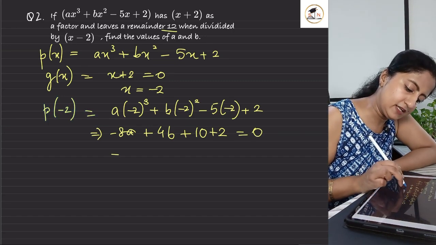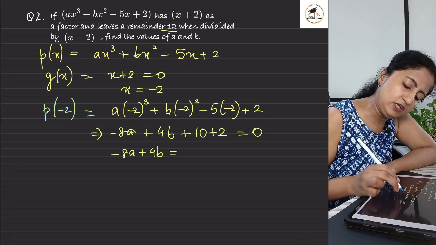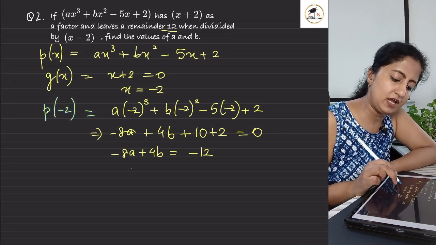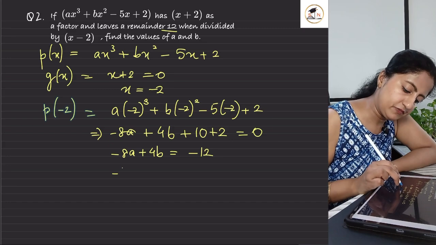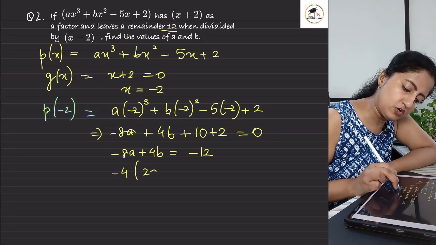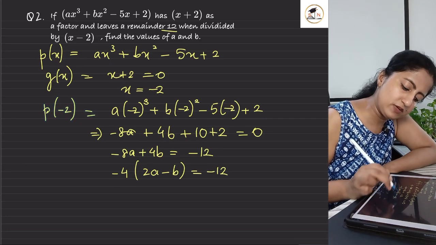Now, what do we get? We get minus 8a plus 4b equals negative 12. And what I can see, we have got 4 as a common factor. So I'm taking it out. I'm taking out negative 4 as a common factor, which leaves me with 2a minus b equals minus 12.